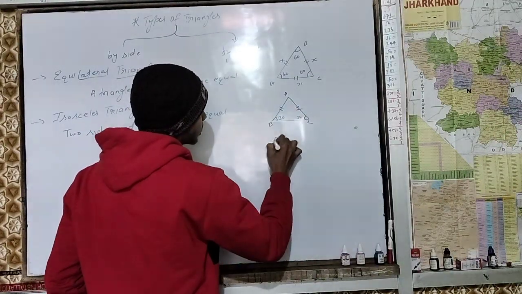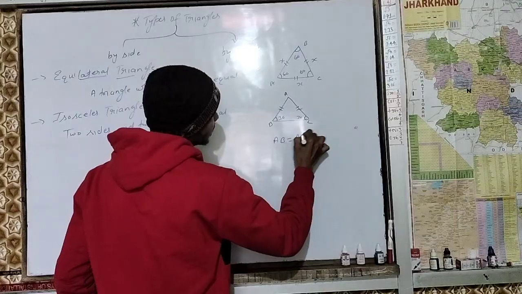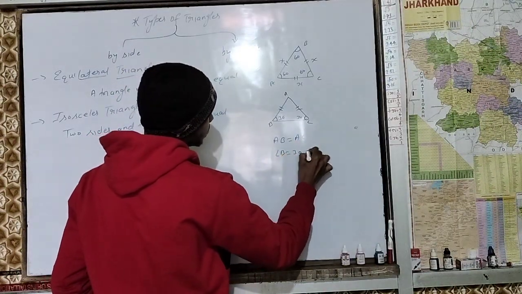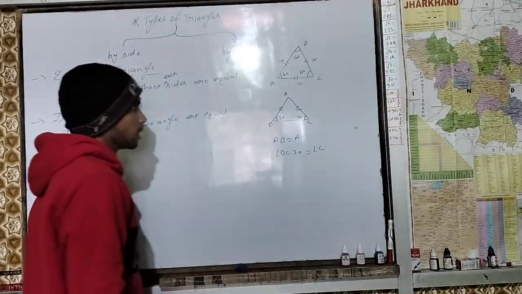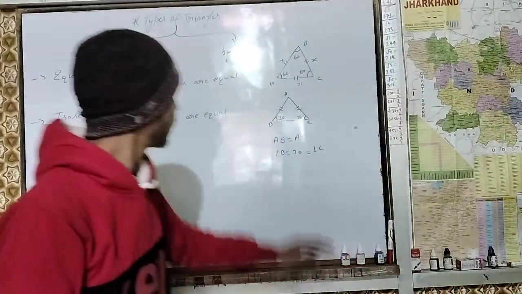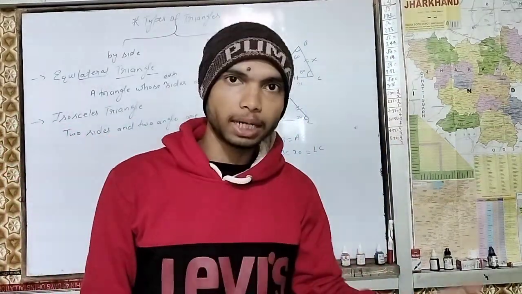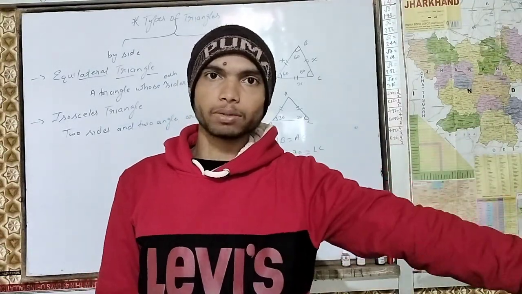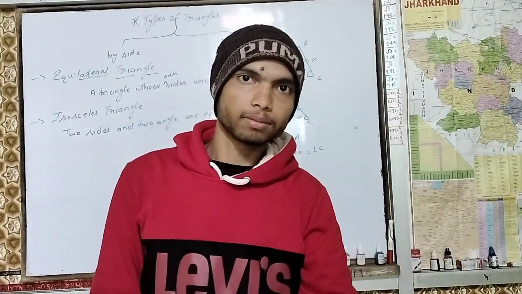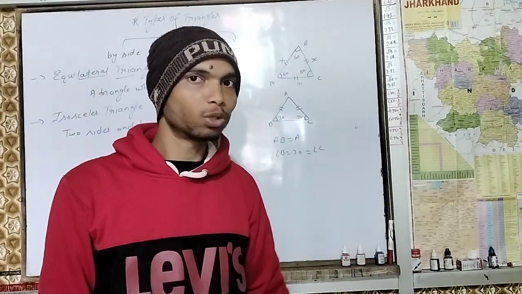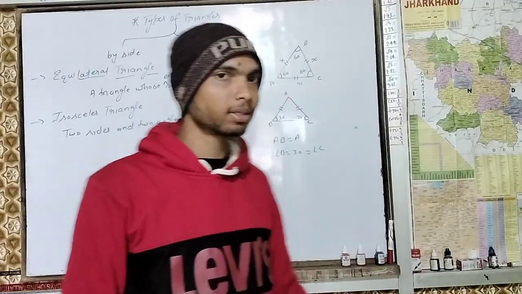A, B, C, means AB is going to be equal to AC, where angle B is equal to 30, it is equal to angle C. Two sides are equal, means two angles are going to be equal. In the previous type of triangle we saw three sides were equal, three angles were also equal. Same thing is happening over here. Two sides are equal, two angles are equal.